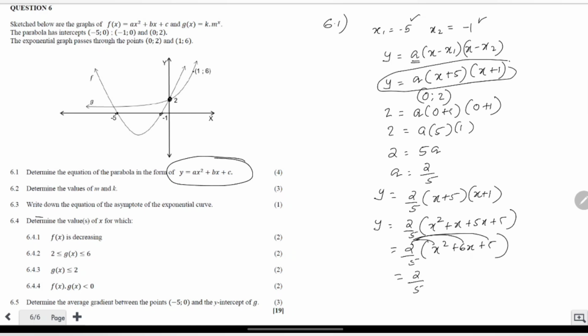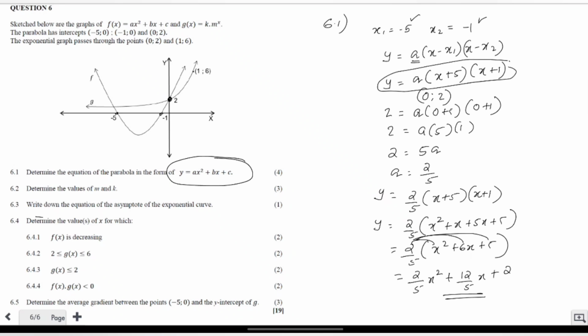So 2 over 5 x squared plus 12 over 5 x, because 2 over 5 times 6 is 12 over 5, plus what? Next one is 2 over 5 times 5, which is 10 over 5, which is going to be 2. Isn't it? So this is the equation. So this is how you have to find the equation of the parabola.